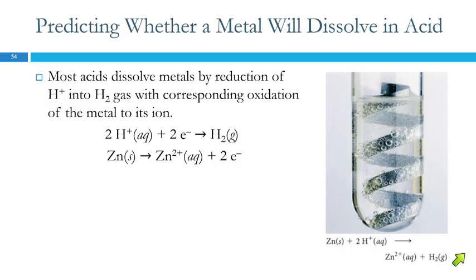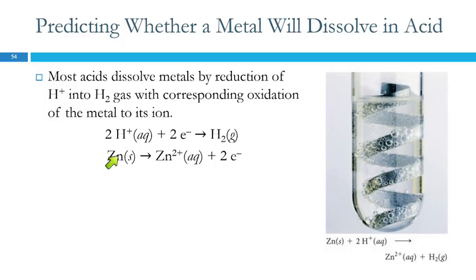So this is the reaction that would need to be spontaneous for the zinc to dissolve, right? So this one is a reduction, and this is the oxidation. This one's backwards.